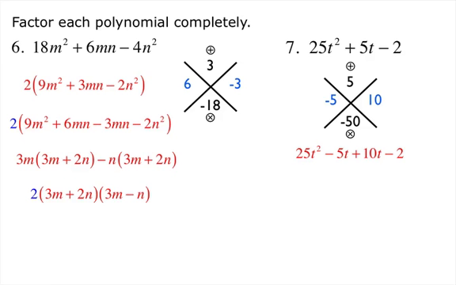Factor by grouping. So if you look at the first two terms, we're looking at 25t minus 5t. You pull out the GCF, which is 5t. You look at the next group, you pull out a 2. This is what you get. So you continue with the process of grouping. Pull out the GCF of 5t minus 1. And this is your final answer.